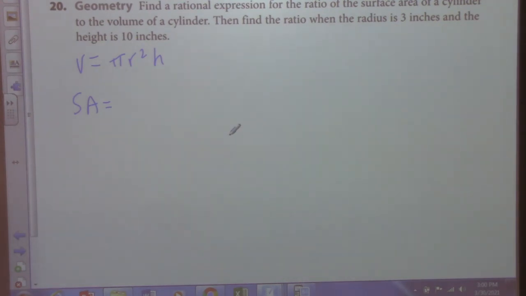What is the area of the top of this thing? It's a circle, right? Which is pi r squared. So we got a pi r squared up here, and a pi r squared down here, so we got 2 pi r squared, plus the rectangle.